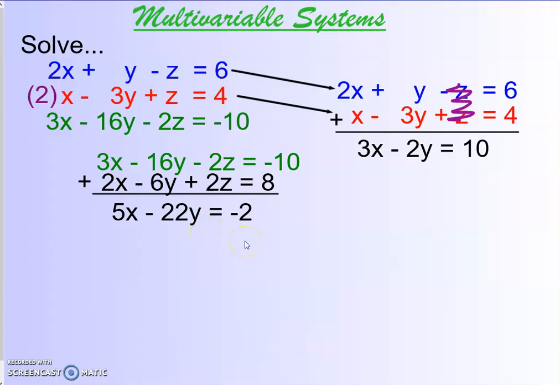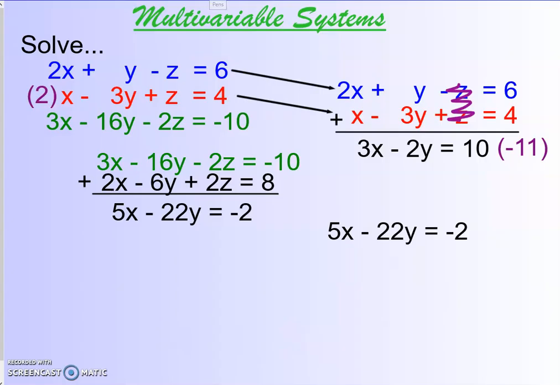Let's solve that. And we can solve it a bunch of different ways. I'm thinking maybe I can just let this equation stay as is, 5x minus 22y equals negative 2. Maybe this equation, I'm thinking it might be easy to get rid of the y's. To get rid of the y's, I want this to not be a negative 2. I want it to be a positive 22.